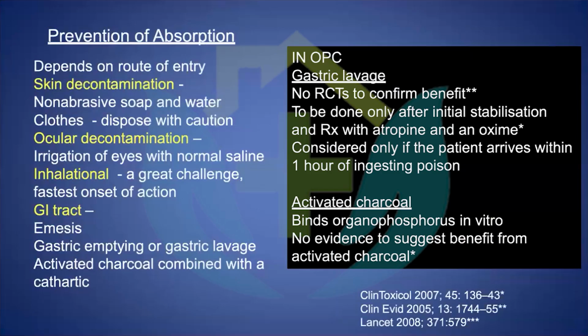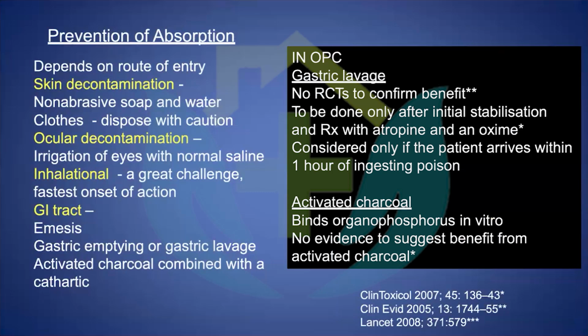Prevention of absorption: skin contamination, ocular decontamination, and GI tract decontamination. GI tract decontamination is by induced vomiting, or gastric emptying by gastric lavage, or activated charcoal combined with a cathartic.